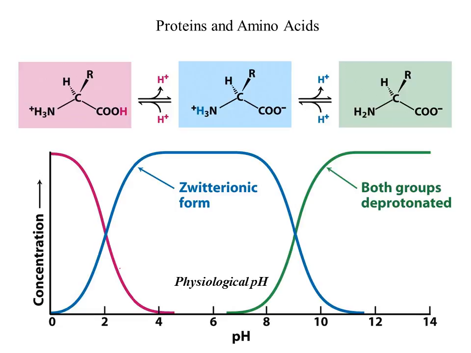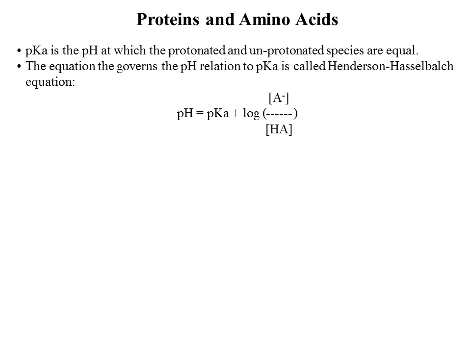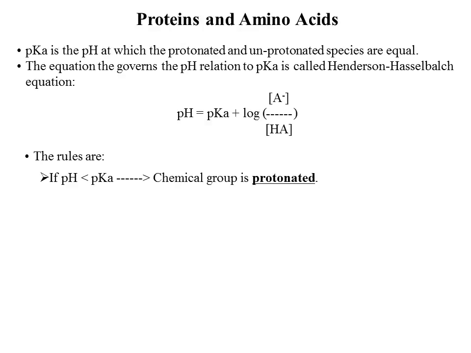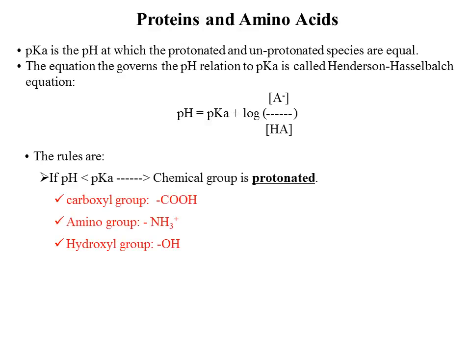Okay? Alright. Now, let's go back to the Henderson-Hasselbalch equation, and let's talk about what the protein would be experiencing. Now, the pKa is a value where there's equilibrium between both protonated and deprotonated species.